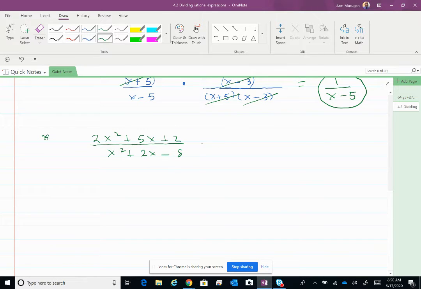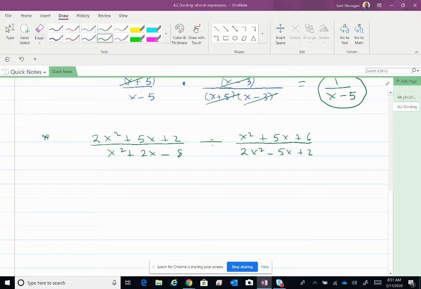This again is the numerator. This divided by the denominator, x squared plus 5x plus 6 over 2x squared minus 5x plus 2.